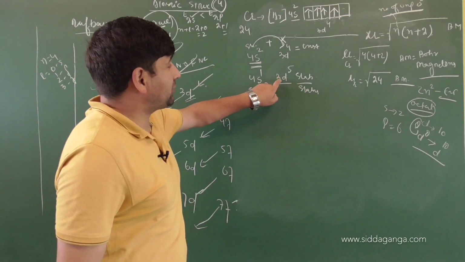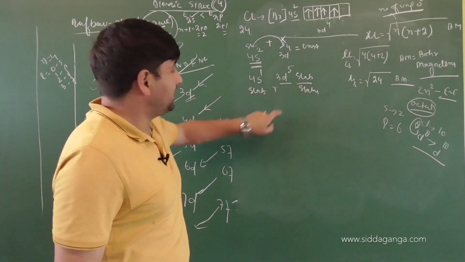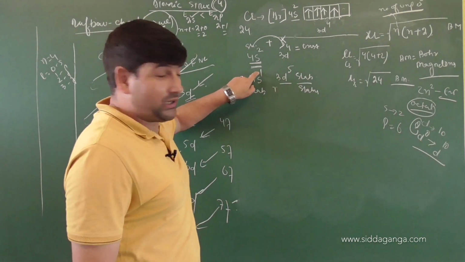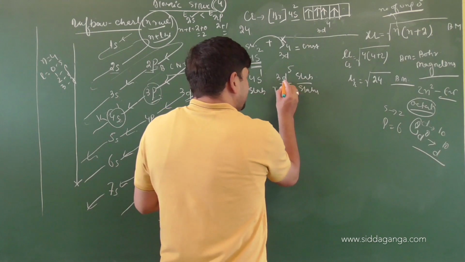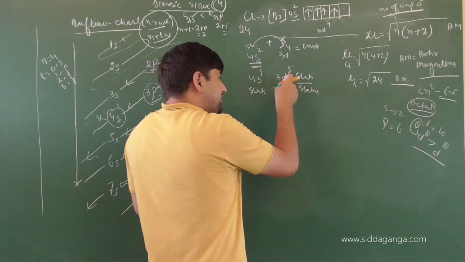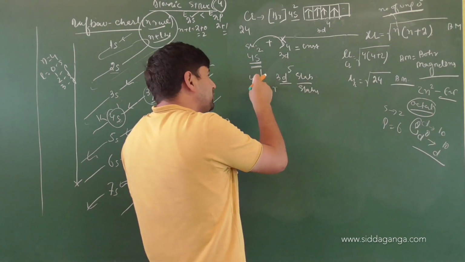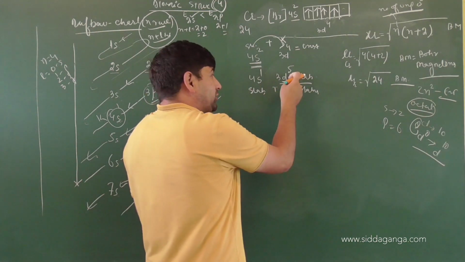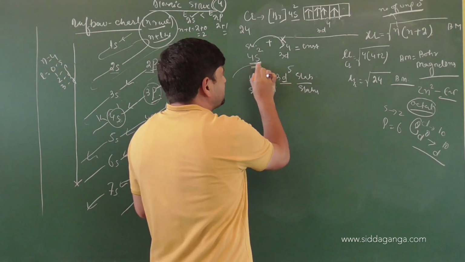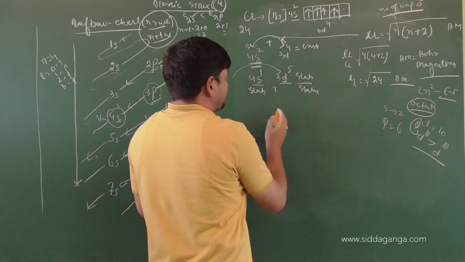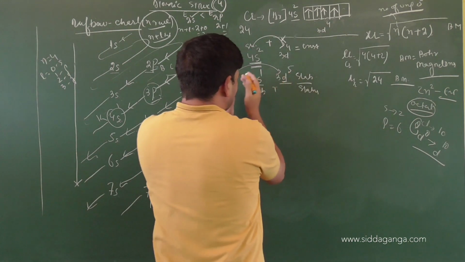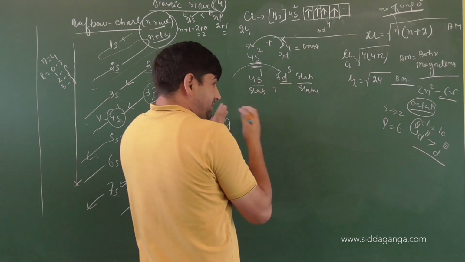Now, d has how many electrons? 5. s got how many electrons? 1. Now, because d is more stable compared to 4s now, having 5 electrons, the nuclear pull on this will be more compared to 4s. It's not that d is coming in.